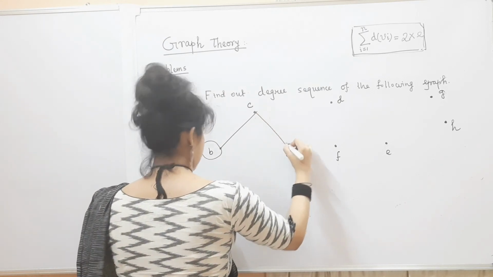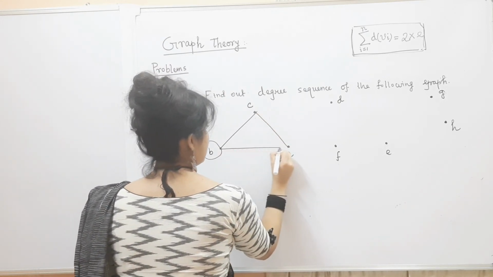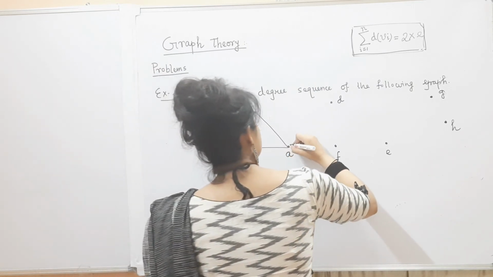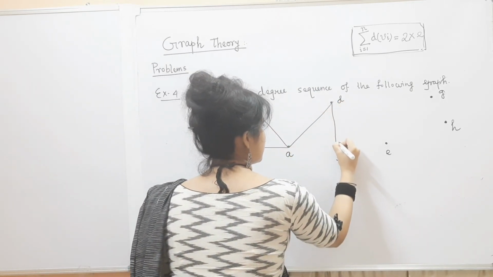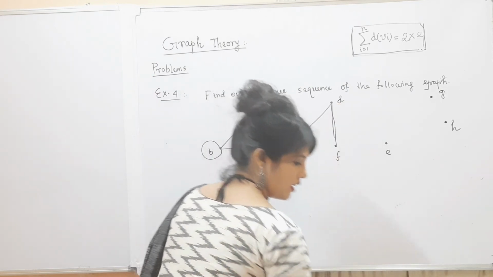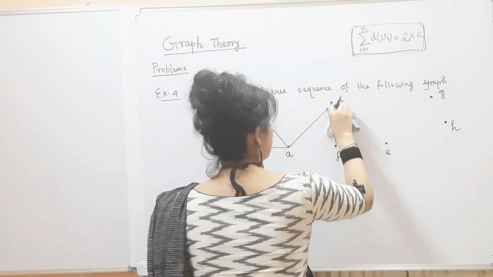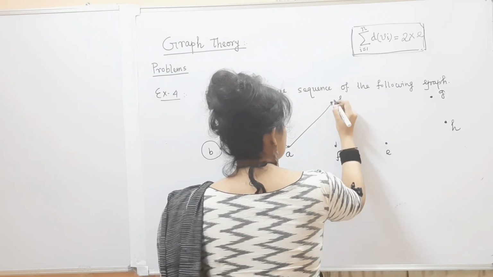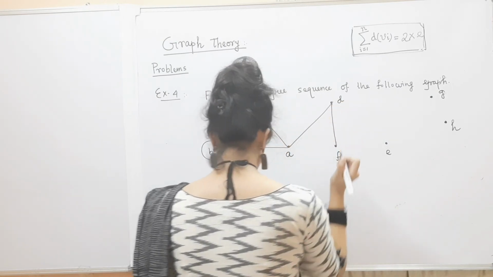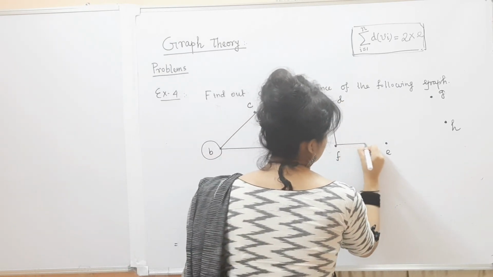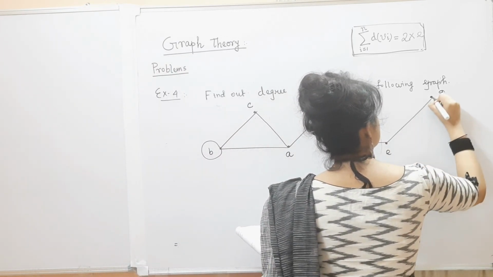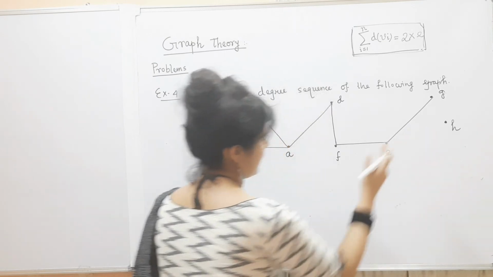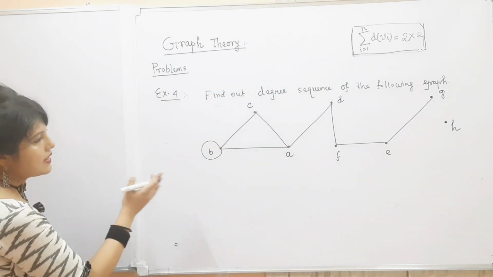There is an edge between A and D, an edge between D and F, an edge between F and E, an edge between E and G, and H is an isolated vertex. So this is the graph.